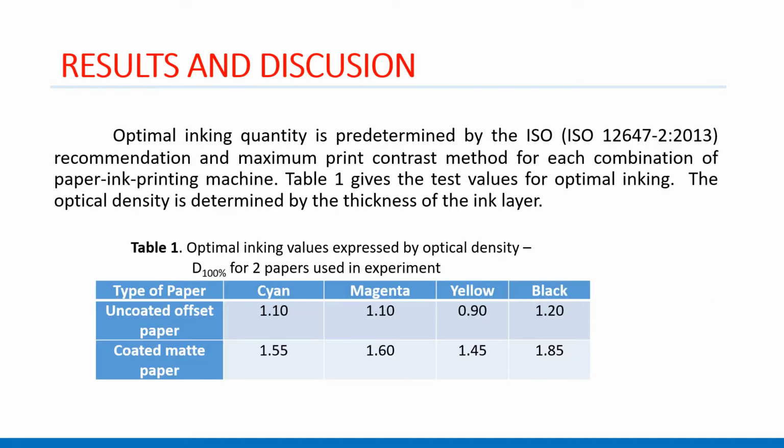Of course, we printed the test run with predefined optimal inking. We have defined optimal inking for these two papers, matte and offset paper. You can see the values of optimal inking that we defined before the experiment.